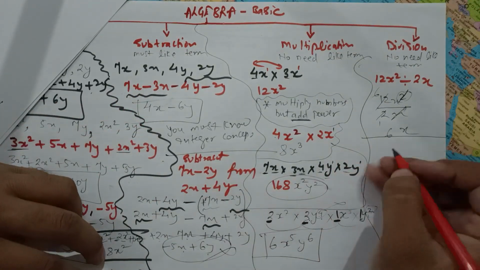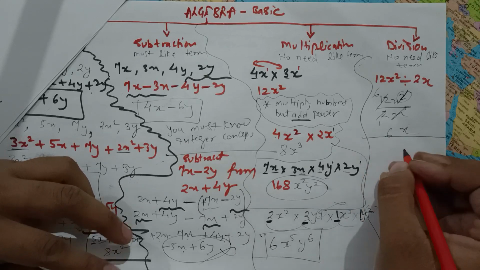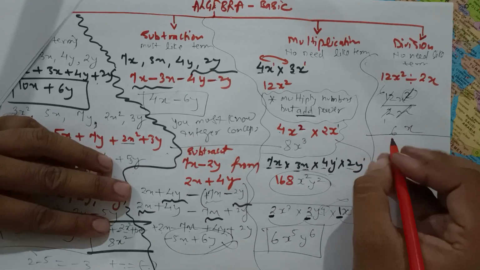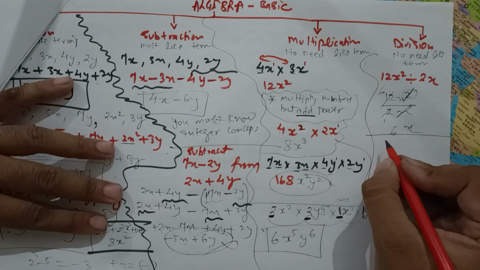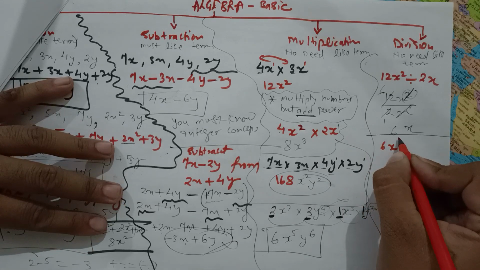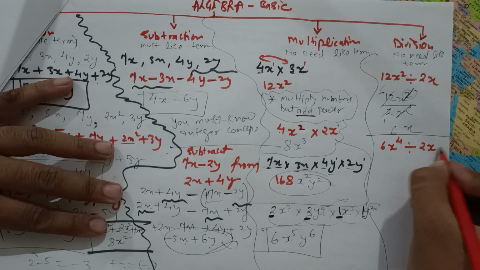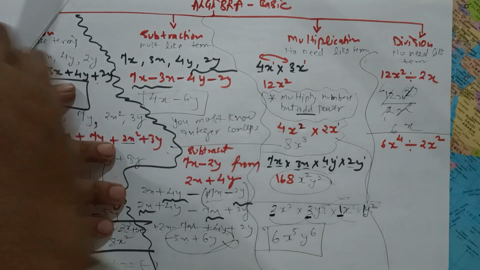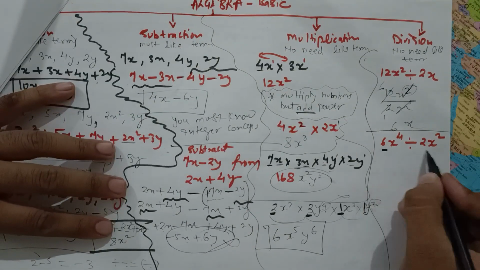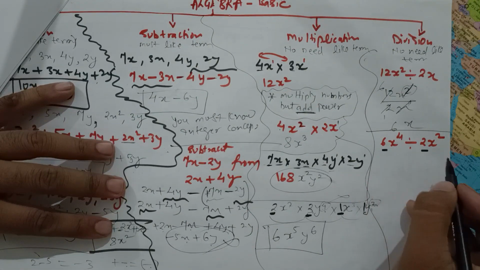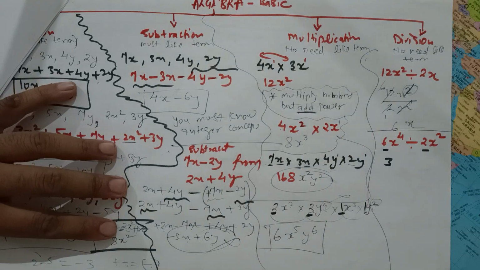Furthermore, taking another division, now here the number should be divided by this number. 6 divided by 2 will become 3, right?